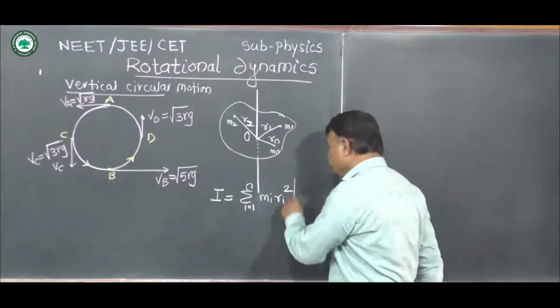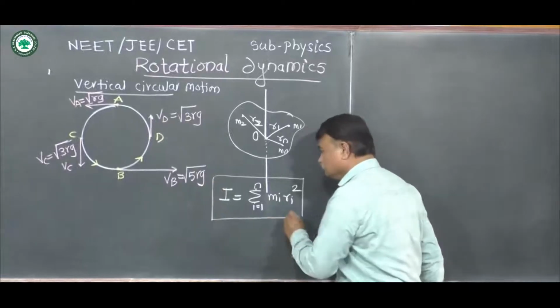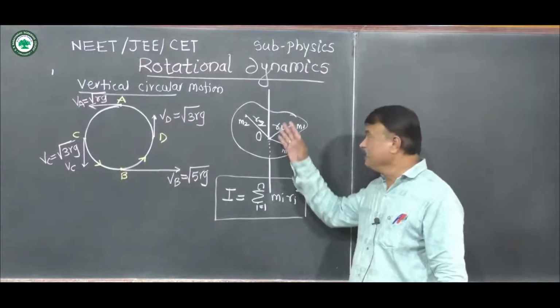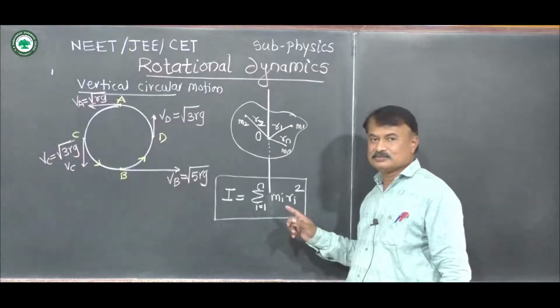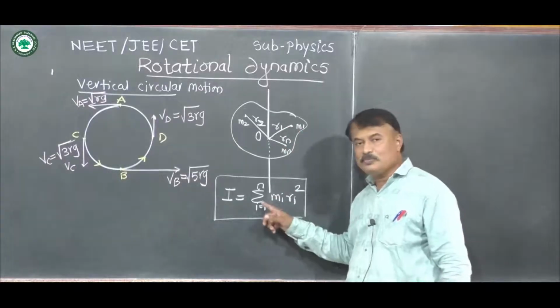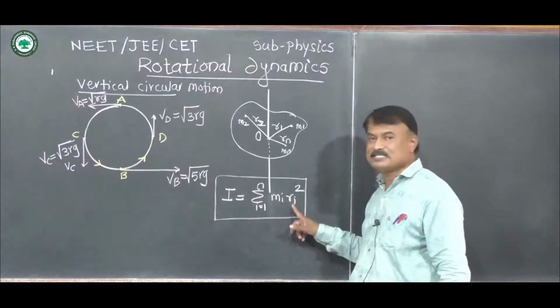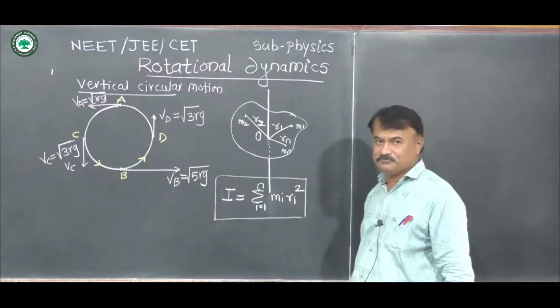So from this formula we get moment of inertia of a rigid body rotating about an axis is equal to the sum of the product of mass of each particle and square of its distance from the axis of rotation.